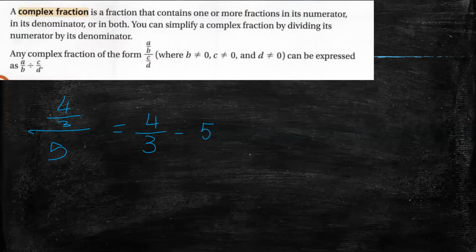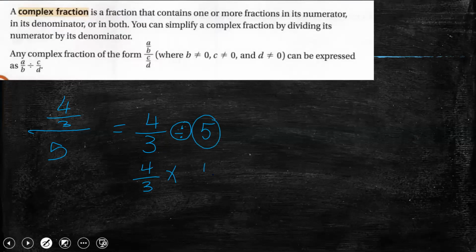Then keep the first fraction as it is, change the division to a multiplication, and write the reciprocal of 5, which is 1/5. Then you will continue. It is 4/15. This is for the first one. If you have a numerator over a fraction, you have to divide the numerator by the fraction.